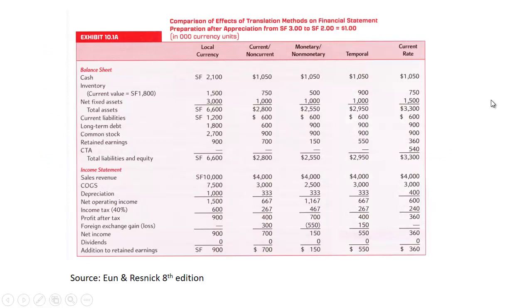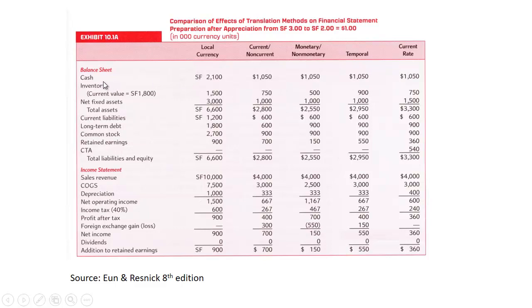Let's take a look at an example here. So here we have a Swiss subsidiary, so they report in Swiss francs, SF, and we're going to have the exchange rate change from 3 Swiss francs per dollar to 2 Swiss francs per dollar. So the Swiss franc appreciated. And what you'll notice here is that you have different numbers in some of these different methods for doing the conversion based on what you're using.